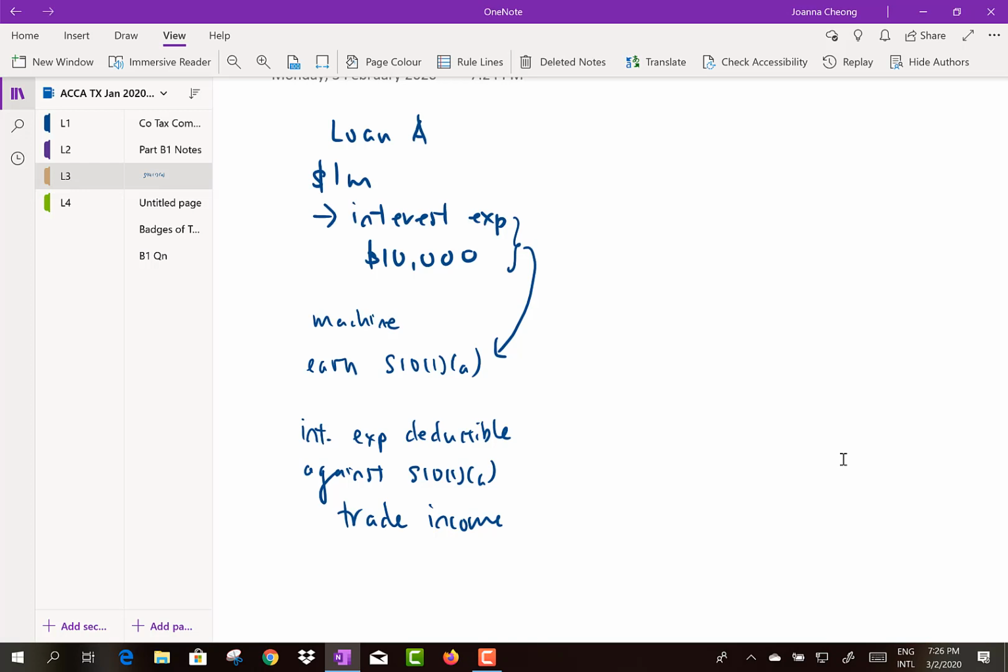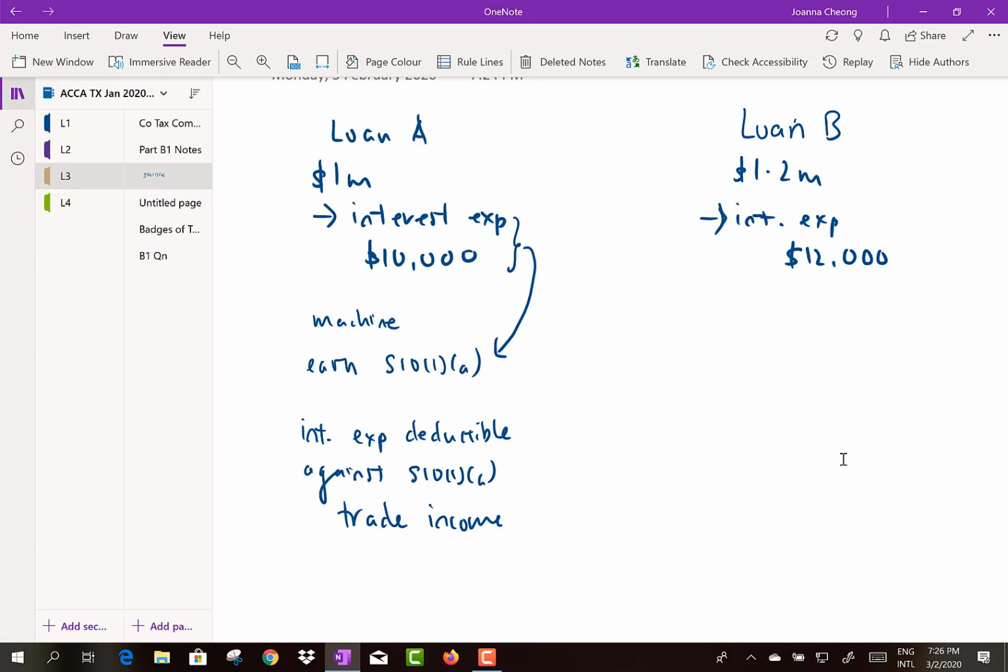Now, then what if I now present to you another loan called loan B? Same company, they take up another loan, but this loan, let's say is 1.2 million. Okay, and let's say the interest expense is 12,000. Okay, it can be any other figure, right? Let's assume that it's 12,000.